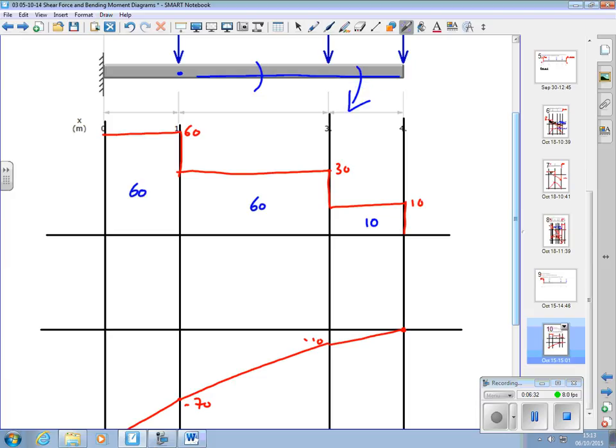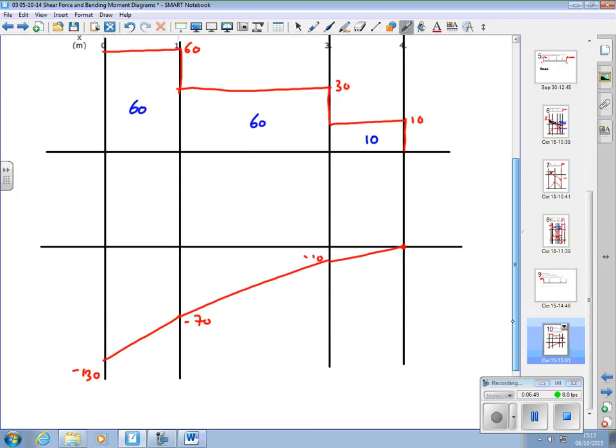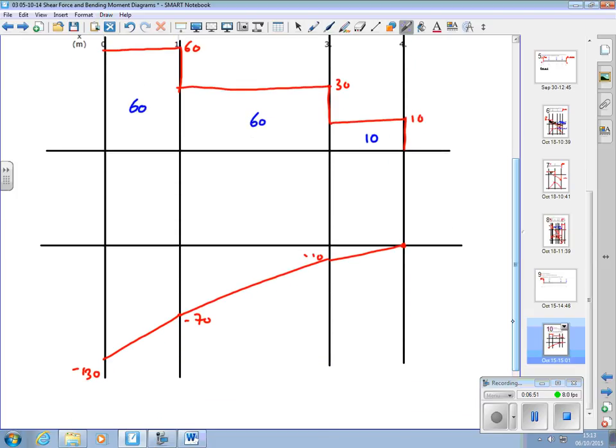So the concentrated bending moment going back this way is due to the weight of the beam to the right of it. So it's going to gradually increase more and more until you get to the maximum bending moment on the left. So that sort of explains the idea of it. So again, we can work out what the moment is at any point along the beam.